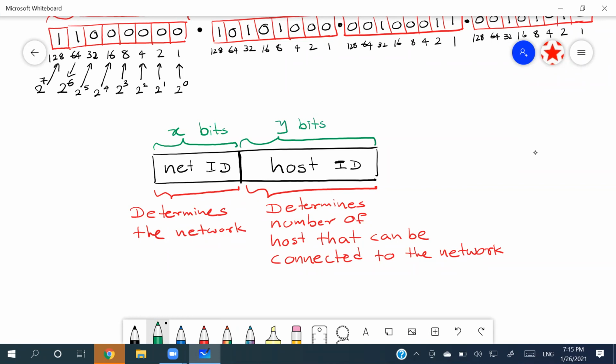So X plus Y, we know it is 32 bits, because that amount is not going to change, right? So have this in your book, right? Then we can continue.